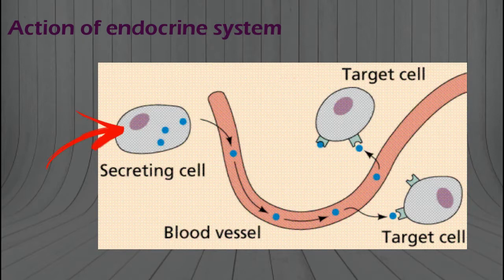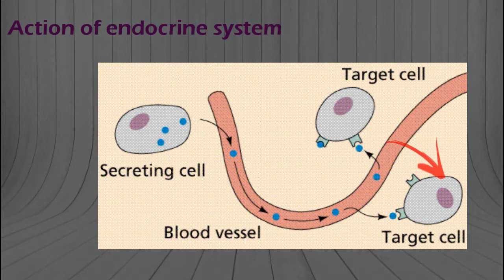These hormones are synthesized at a distance from the target cell. It is the function of the hormone to travel through the bloodstream or intercellular fluid until they reach the target cell. The main purpose of the hormone is to increase or decrease the expression of specific genes in the target cell.